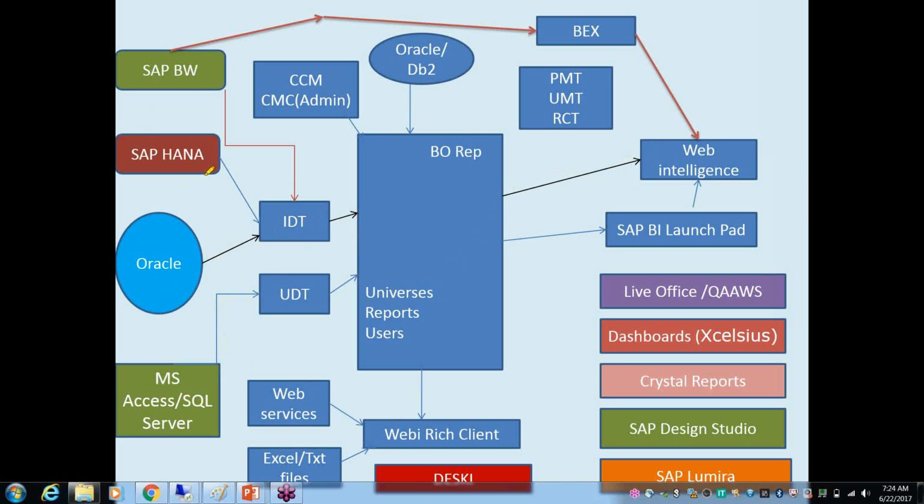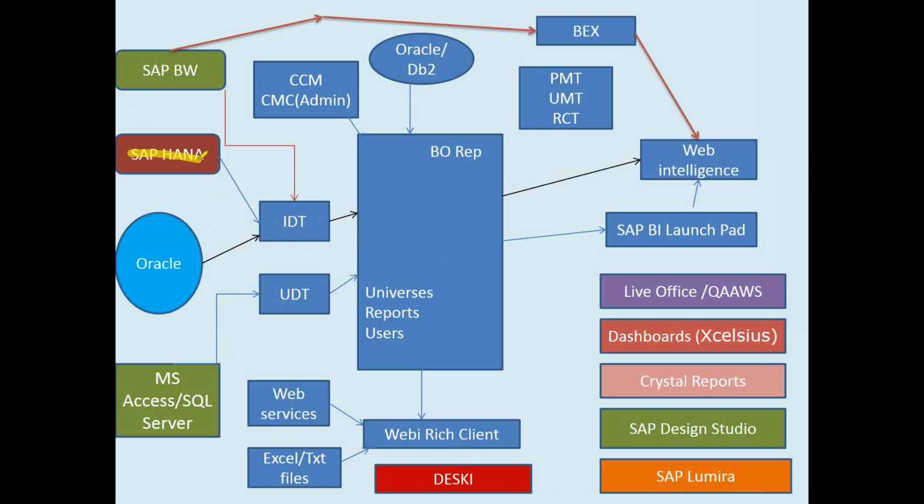For Oracle and SQL Server, we need a universe. But for SAP HANA sources, without any universe, you can directly create a Web Intelligence report by accessing the HANA calculation views. So we don't require any universe.